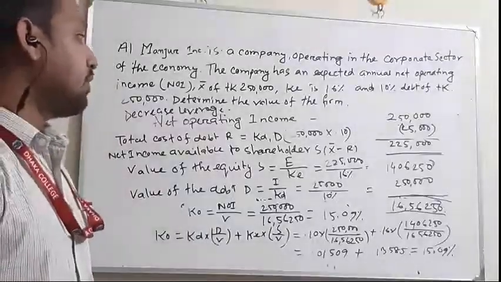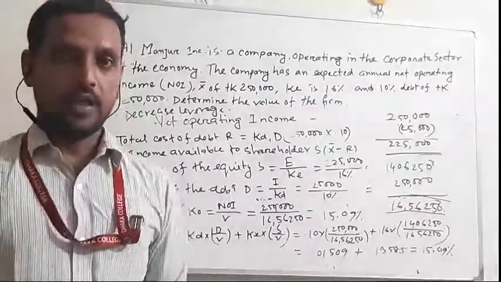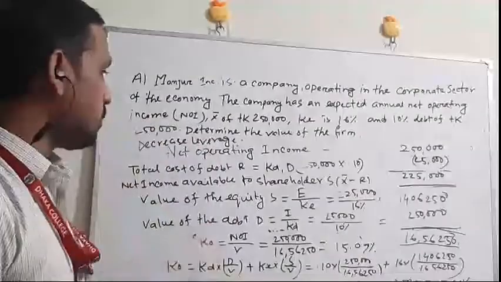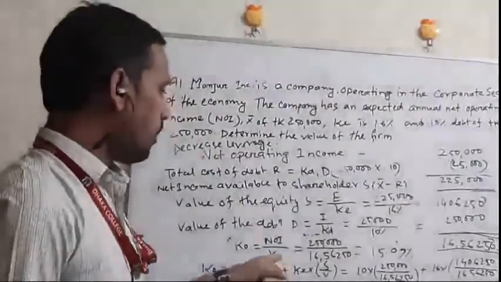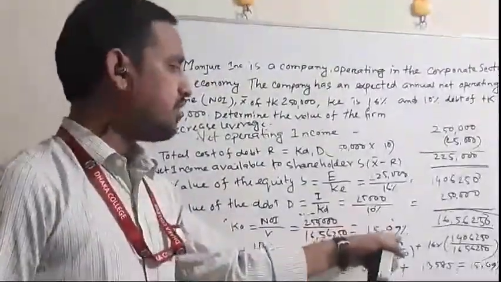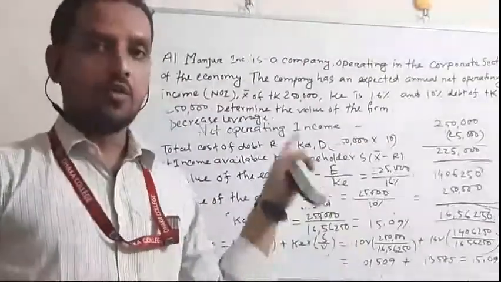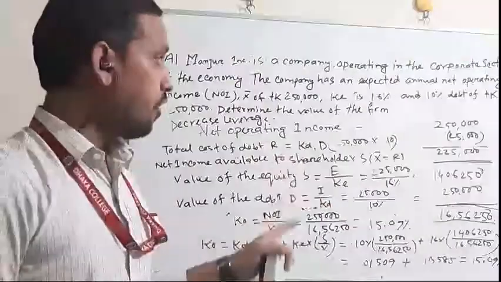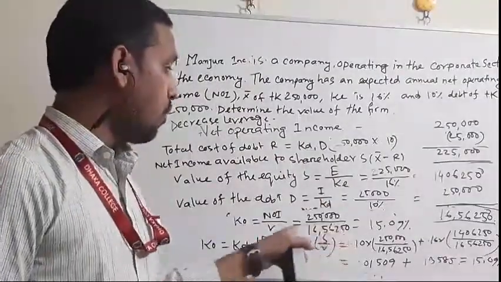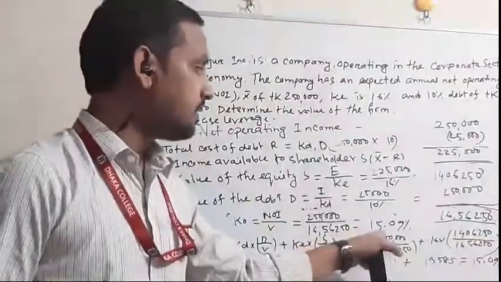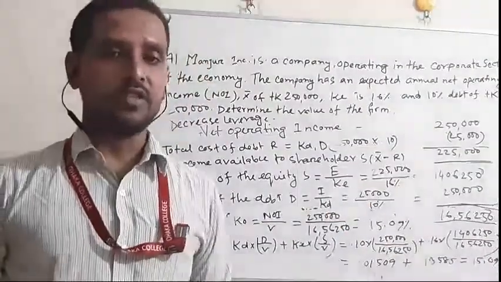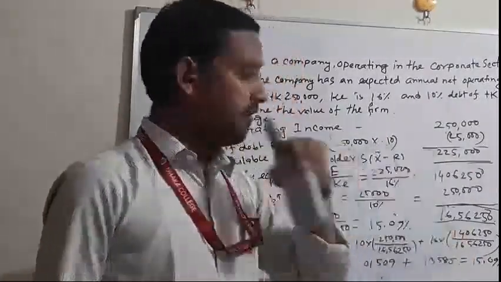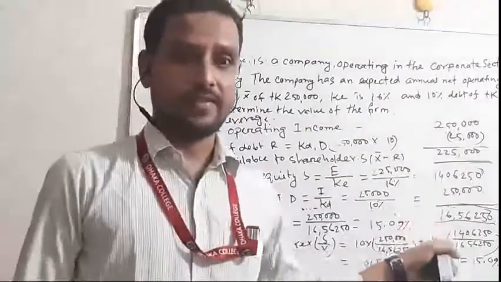Okay, dear students, here we see that if we compare this with the first one, the overall cost of capital is 15.09%, and the first one we have done is 14.29%. So overall cost of capital increases to 15.09%, and then value of the firm decreases.